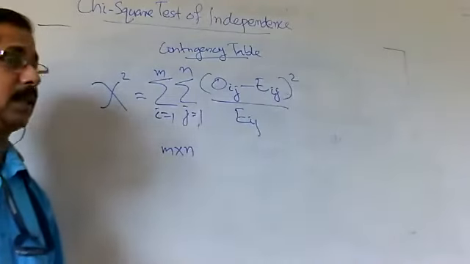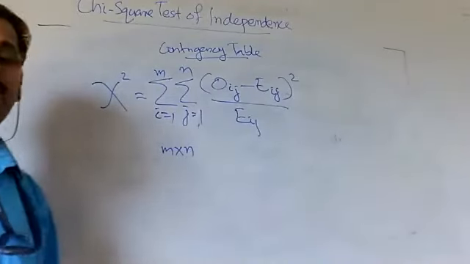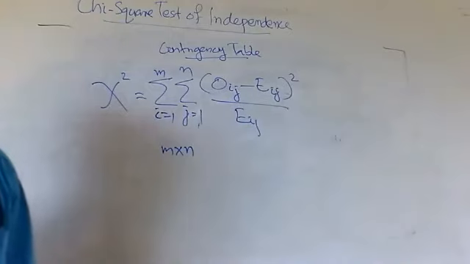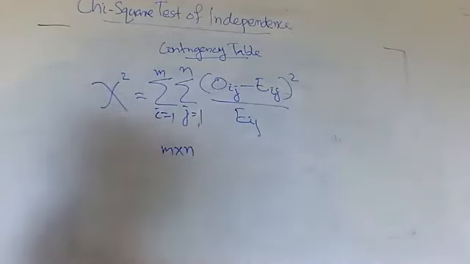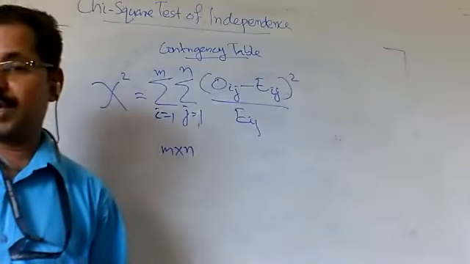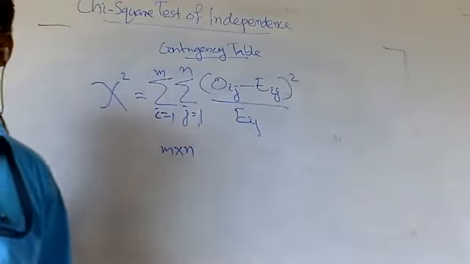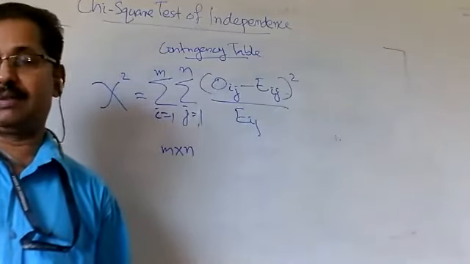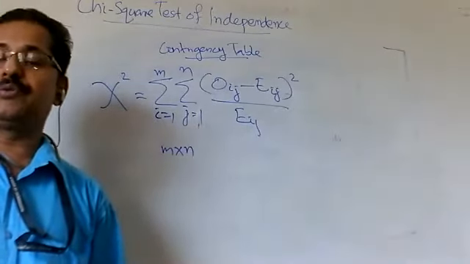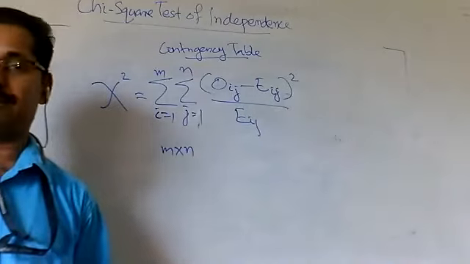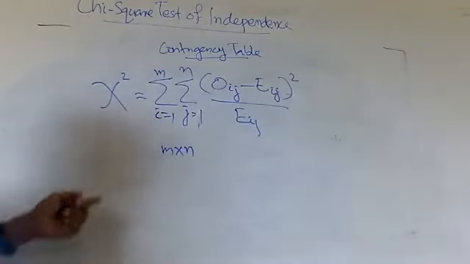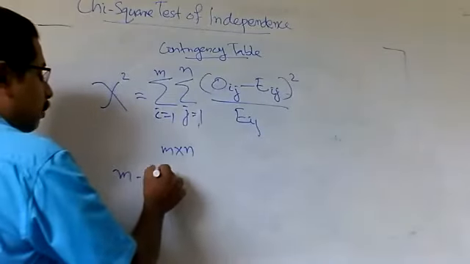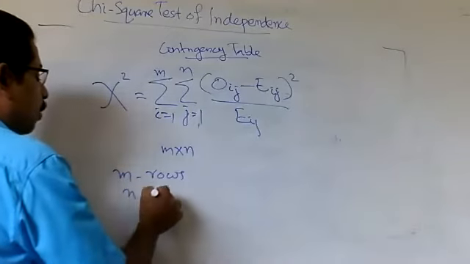Here, to make the decision, you want to use the table value. This chi-square is the calculated value. To get the table value, you need two things: one is the degrees of freedom, and the other is the level of significance. Suppose you fix the level of significance as alpha. Then what about the degrees of freedom? Here we have m rows and n columns.